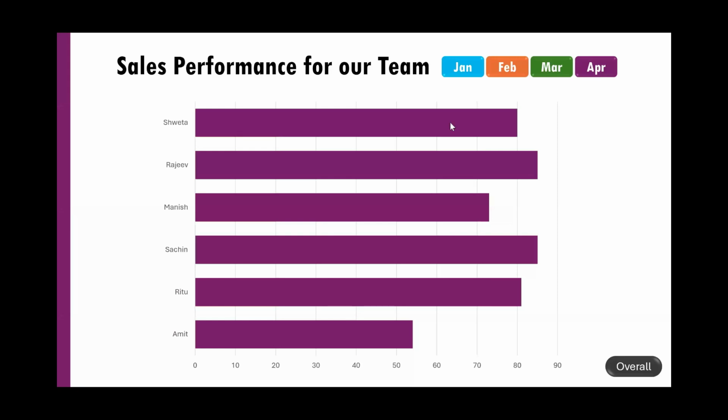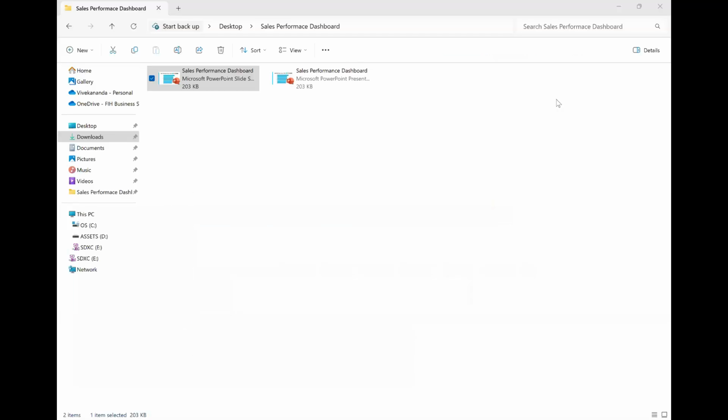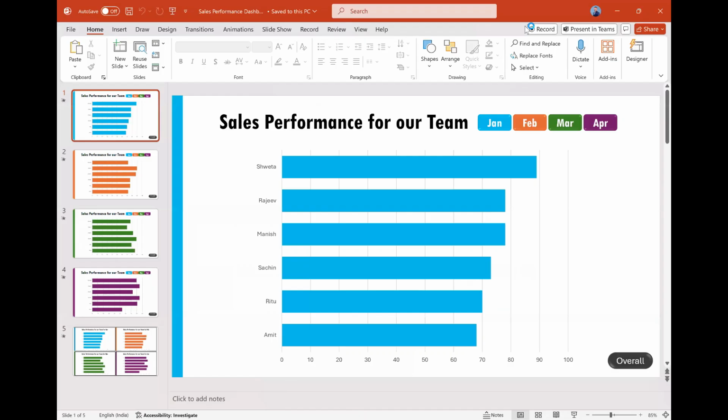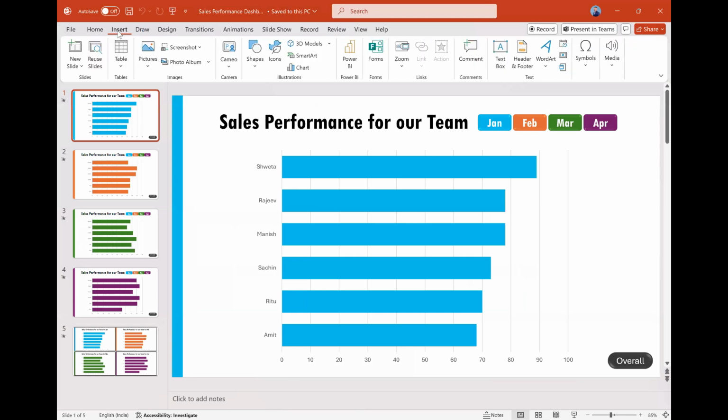Let us see what I can do. Add more things here. Let us go with the sales performance dashboard, the original one. Let us insert. Let us go with the icons.